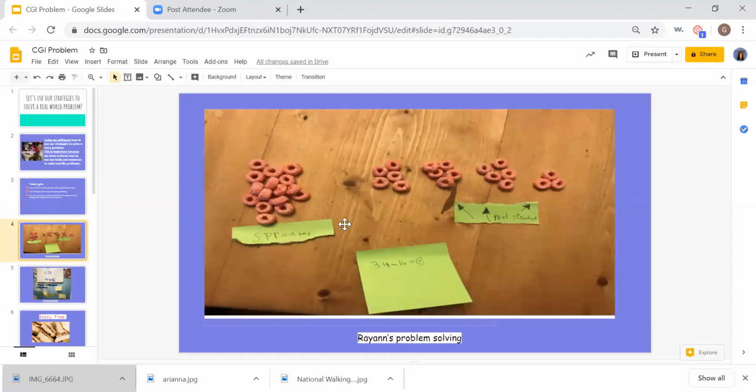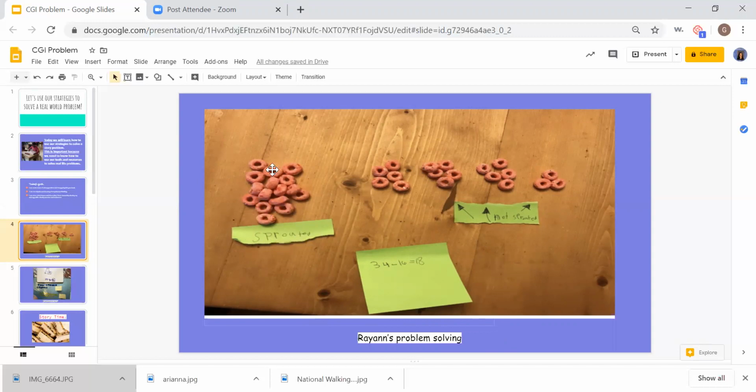All right, before we get started on this week's story problem, I wanted to share some of the responses that I got from last week. So if you remember my story problem, I had planted 34 sunflower seeds and 16 of them had sprouted, and I wanted to know how many had not sprouted yet. So this is a response that I got from Rayanne. And I picked this response because I love how she labeled her work. So it seems like she might have started with 34 Cheerios, and then she put these in a pile and said that these are how many sprouted.